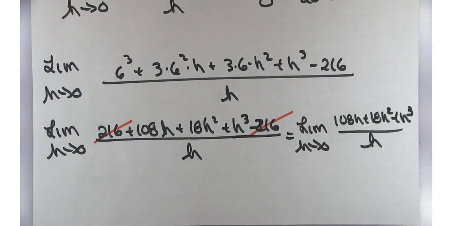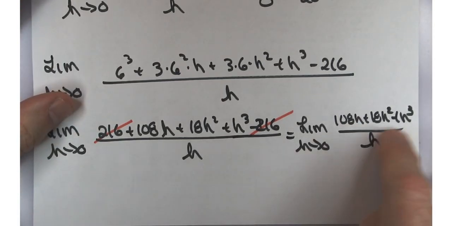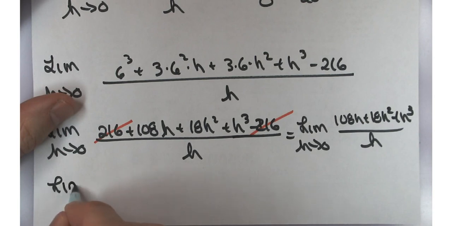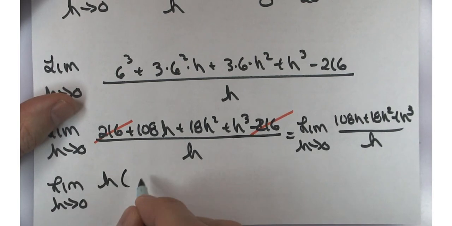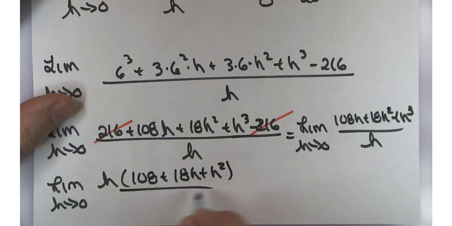And Christian, I think you're noticing something about all these terms in the numerator. We're ready for it now. What do these all have in common? Yeah, they all have an h. We're going to factor that out. 108 plus 18h plus h squared over h.